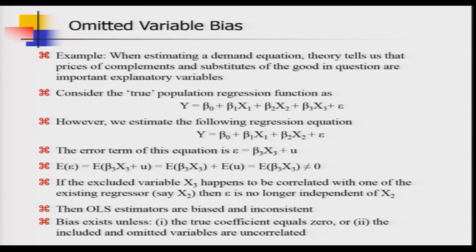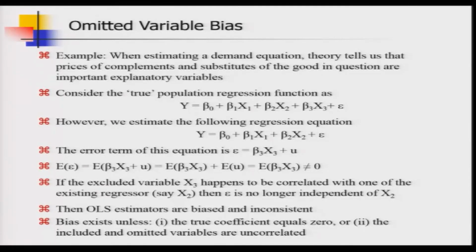Now, note that if the x3 variable which you have omitted is truly a relevant variable which actually has an effect on y, then the portion of y's variability that it can predict will now be embedded in the random error that you have defined for your model.